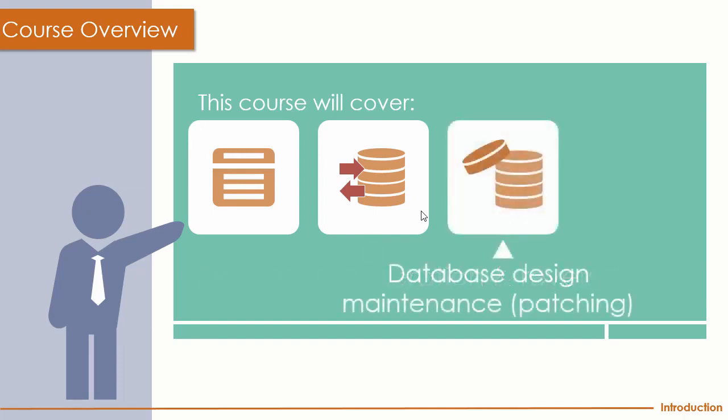And the database design is not a one-shot activity. You need to keep updating, keep maintaining your database, adding new columns, new entities, or new relationships based on the new requirements you need in the future. So we'll cover how to maintain the database design, including how to patch your current version database to the new design.